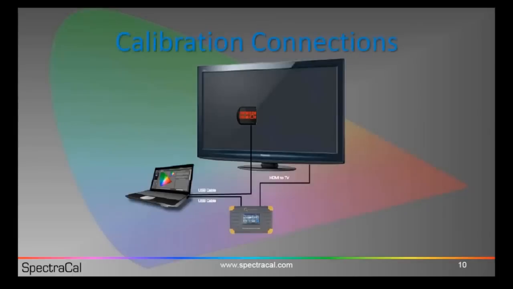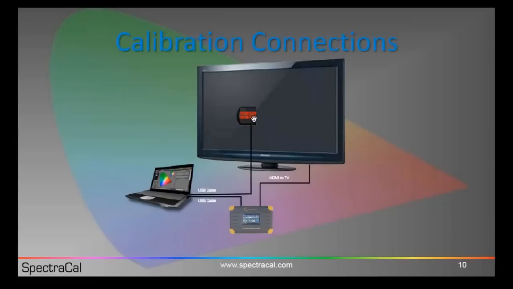Right now, let's outline what the connections are that we would use for the different pieces of hardware that we have set up. And this is very typical that we would have a laptop running the calibration software.